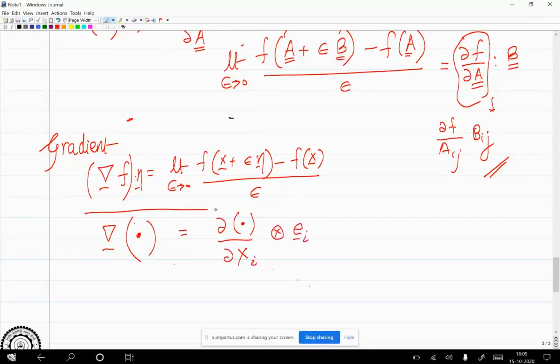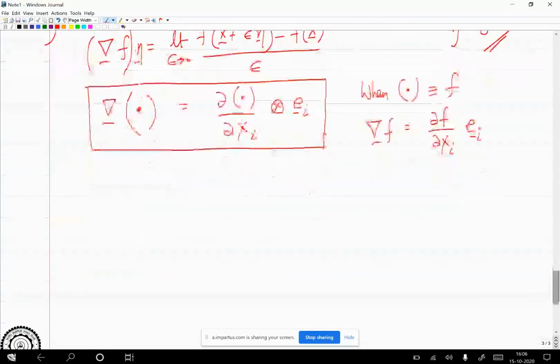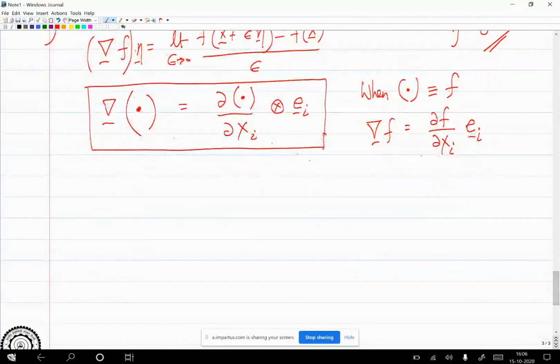So this is the definition for gradient. This matches when the thing is a scalar: when it equals f, then the gradient of f is del f by del xi into ei. And this is what we had said earlier also. This is the definition of gradient also.